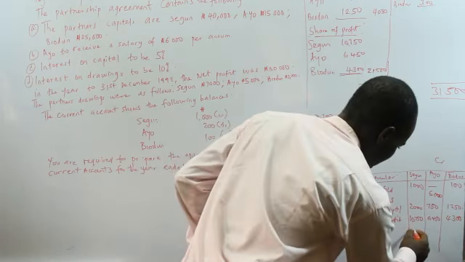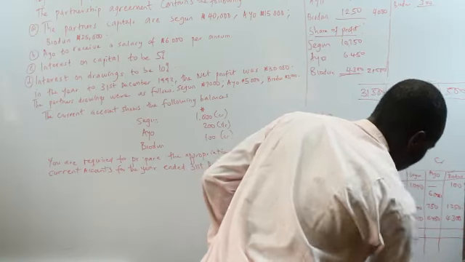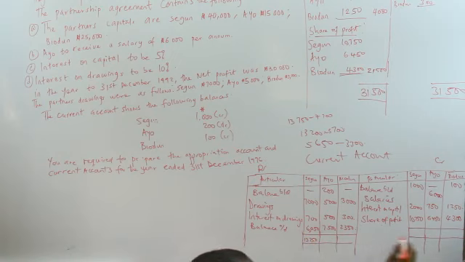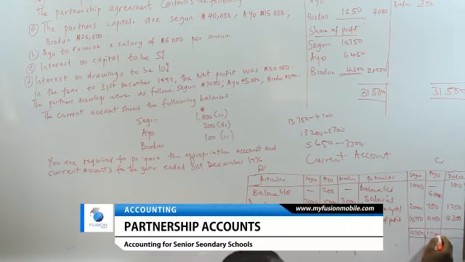So again, I have a balance account. So we have 13,750 here. So we have 13,200.